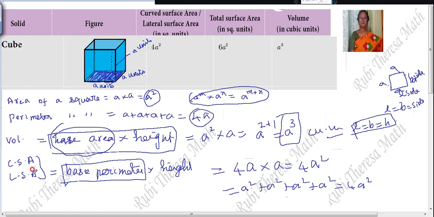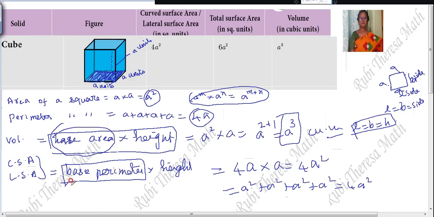For curved surface area, you have to write base perimeter. I told you why you take area: while you are pouring, it will lie down and fill the base portion. For curved surface area, suppose you start here, then you have to circle it, you have to go around. So you have to remember this word perimeter or circumference, whatever it is.